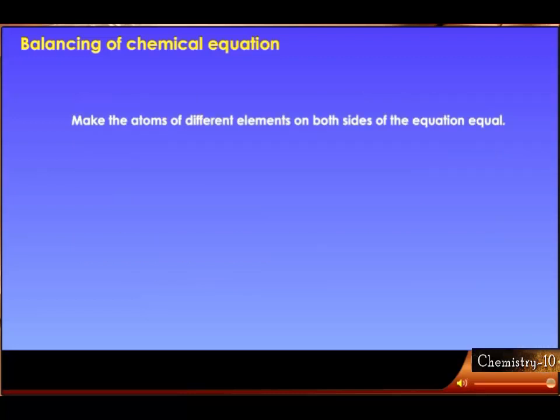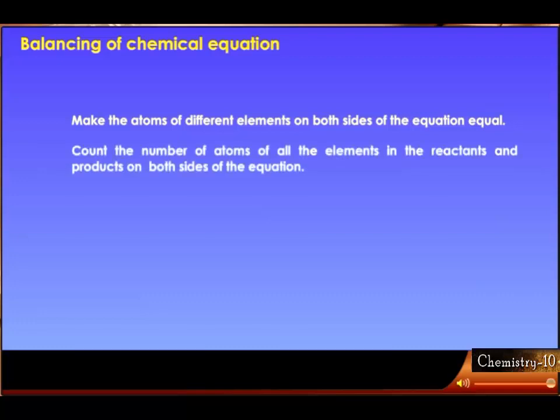Make the atoms of different elements on both sides of the equation equal. Count the number of atoms of all the elements in the reactants and products on both sides of the equation. Element Fe: number of atoms in reactants 1, in products 2.